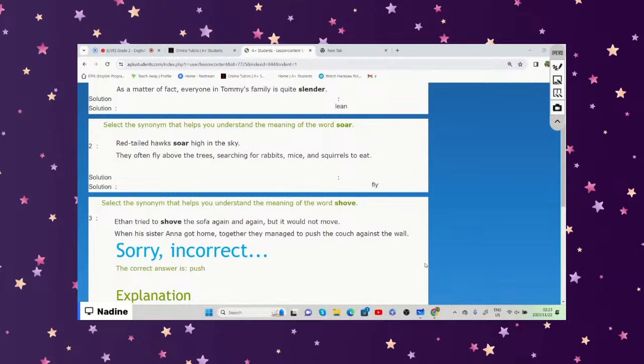So what is a word that is similar to soar? Similar, almost the same as soar. Same in meaning.